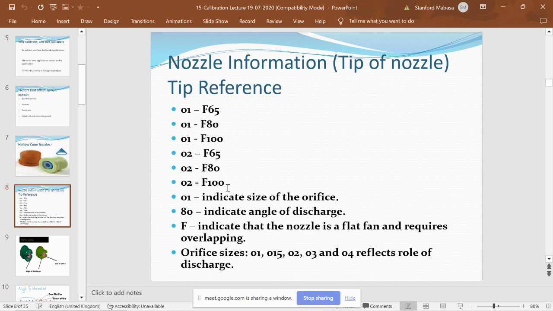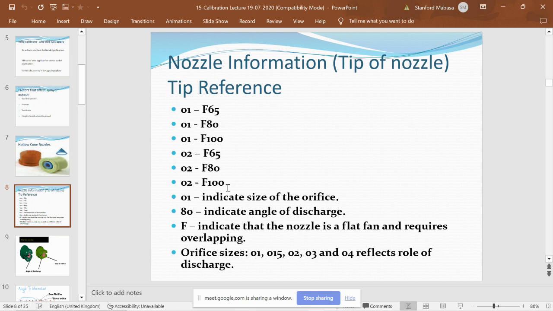What do these mean? 01 indicates the size of the orifice. So it can vary between 0.1 or 0.2. 80 indicates the angle of discharge.